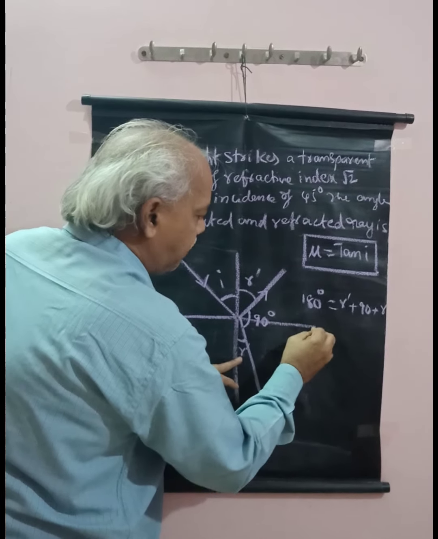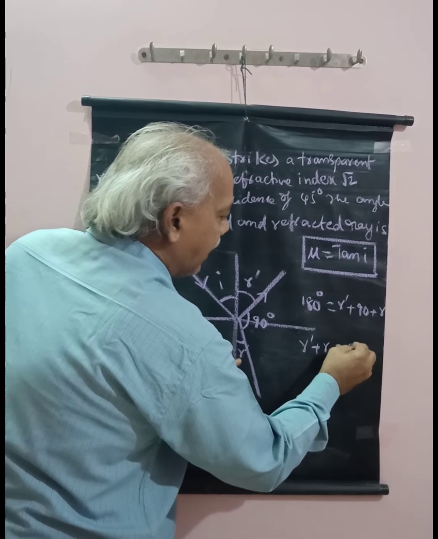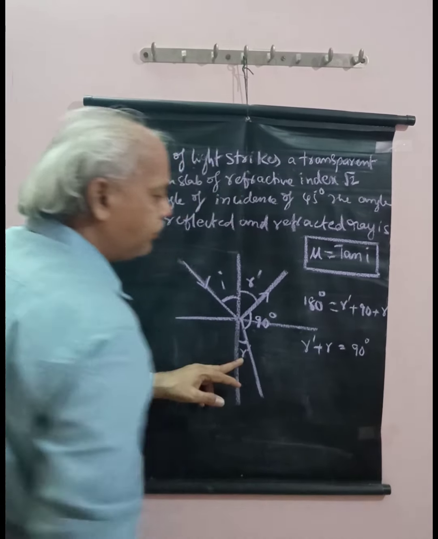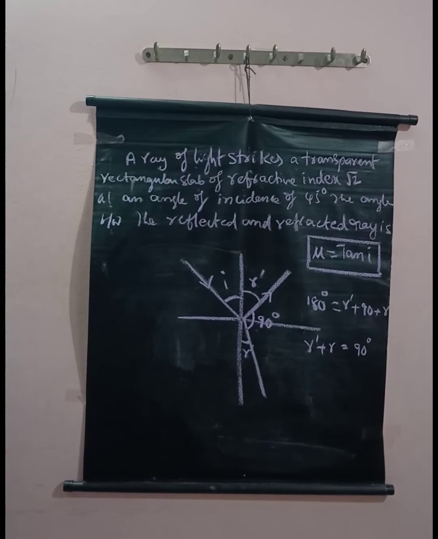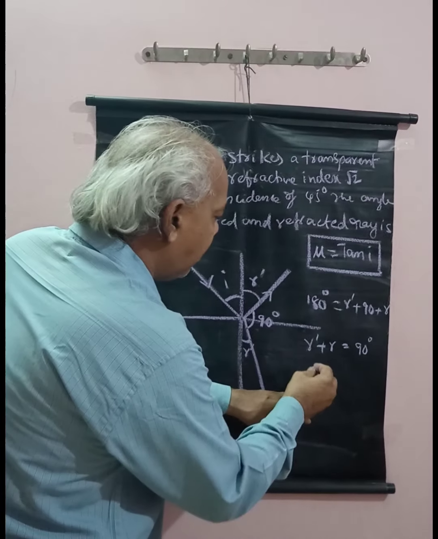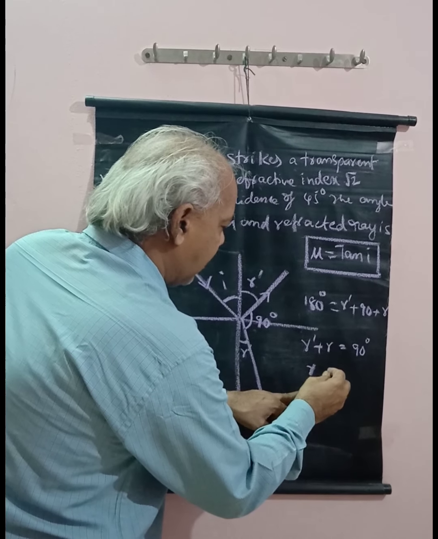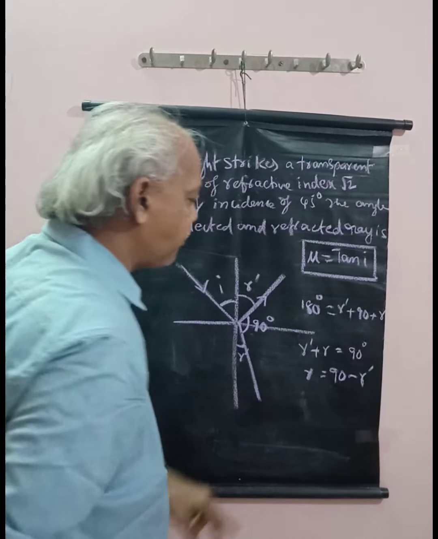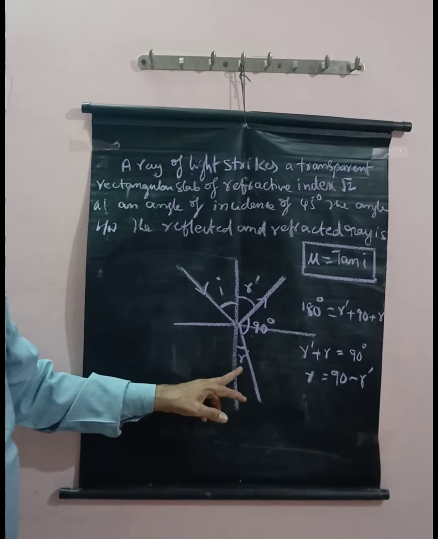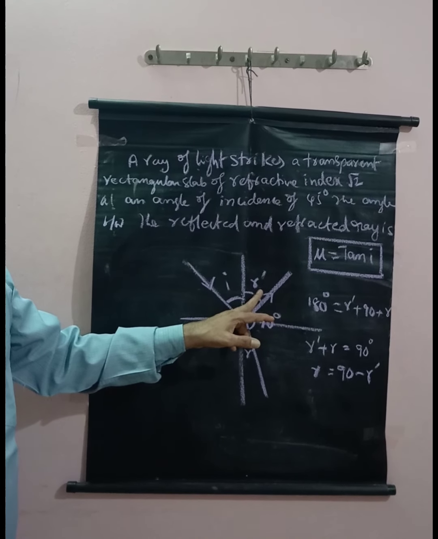So r dash plus r is equal to 90 degrees. Here r dash is the angle of reflection and r is the angle of refraction.